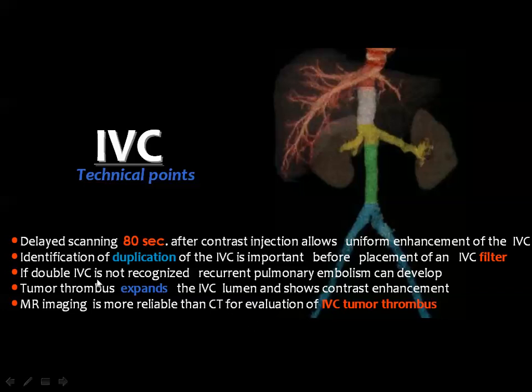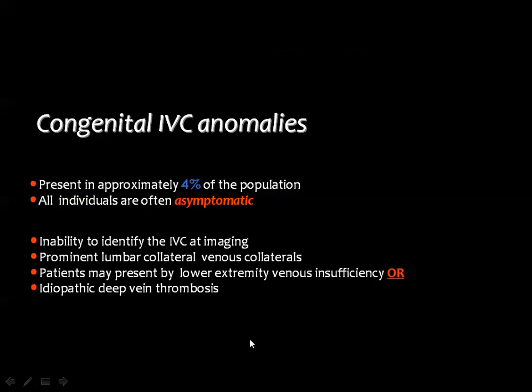Then if double IVC is not recognized and we place the filter in one of them, then recurrent pulmonary embolism can develop. Remember that tumor thrombus will expand the vein. The tumor thrombus will show contrast enhancement and metabolic activity, and this can differentiate the tumor thrombus from the bland thrombus.